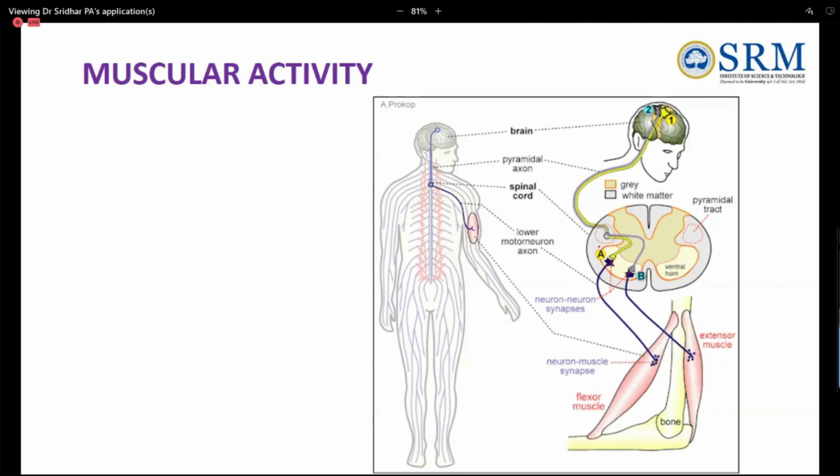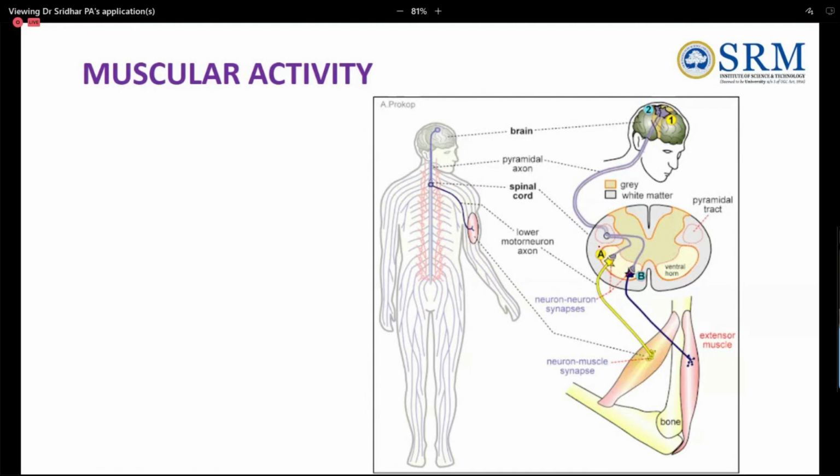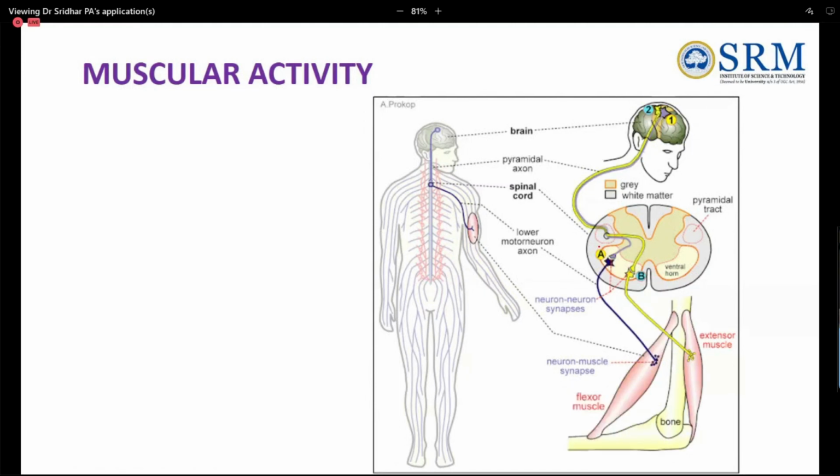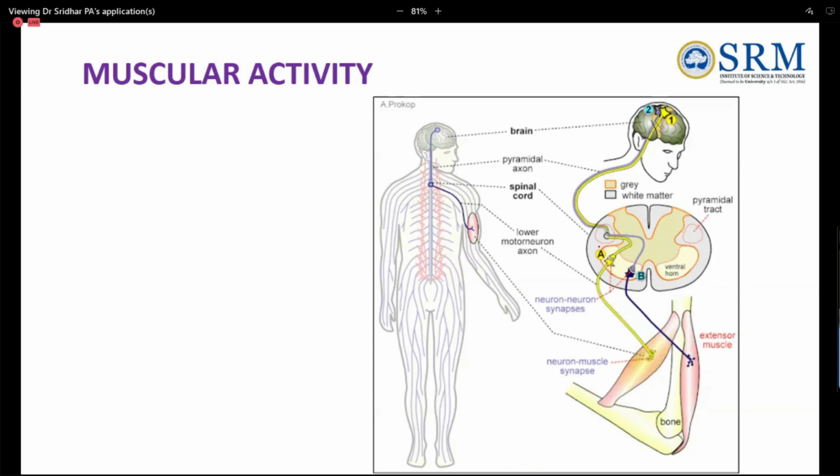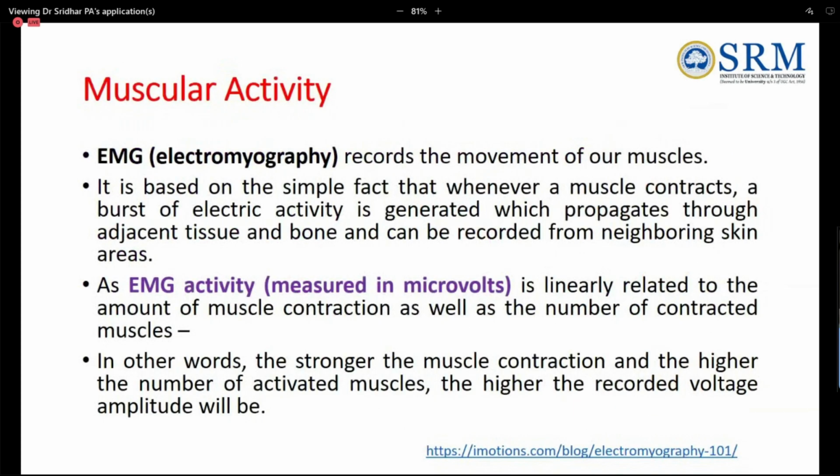Looking at that from a different perspective gives you more insight into the neuromuscular active condition here. I'll just rush through this one because electromyography records the movement of muscles, and EMG activity is linearly related.